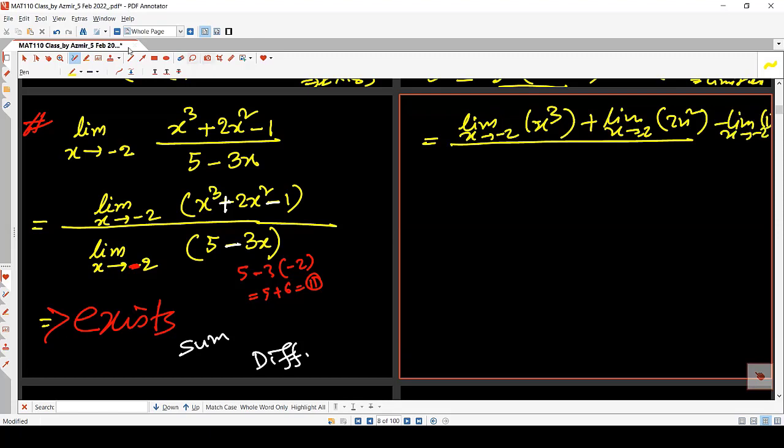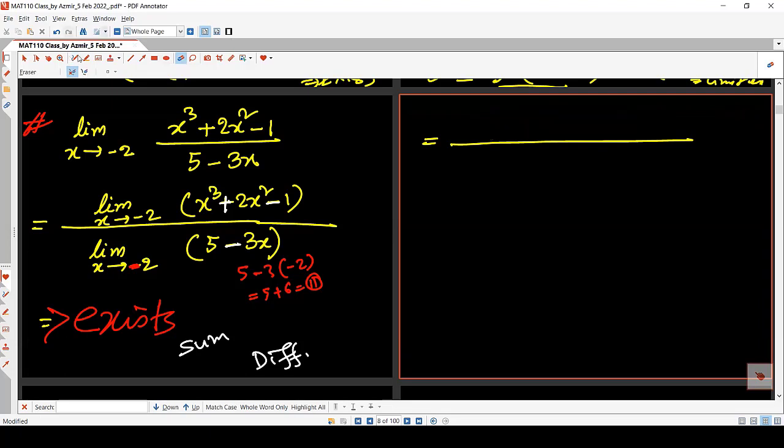So if we want, we can also write this way, but this time I want to solve this one directly. Sometimes you can also skip these steps, but we have to know how we can apply the properties.